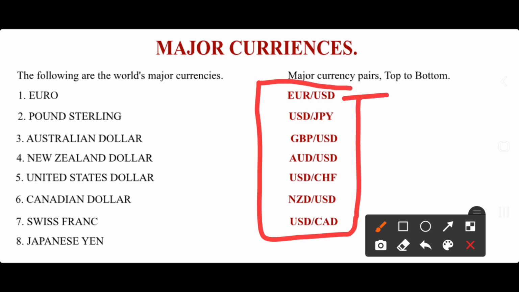The pairs are EUR/USD, USD/JPY, GBP/USD, AUD/USD, USD/CHF, NZD/USD, and USD/CAD. These are the currencies that carry low spreads, have high liquidity, and are stable to trade. They are not like the emerging, minor, and commodity currencies. These are the best currencies where we can make huge money.